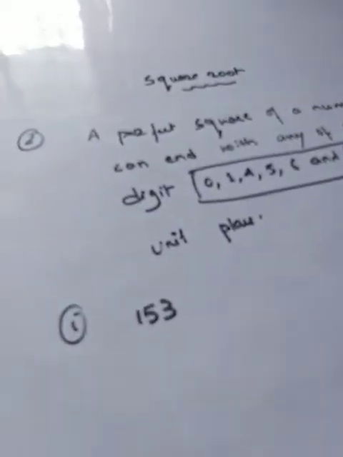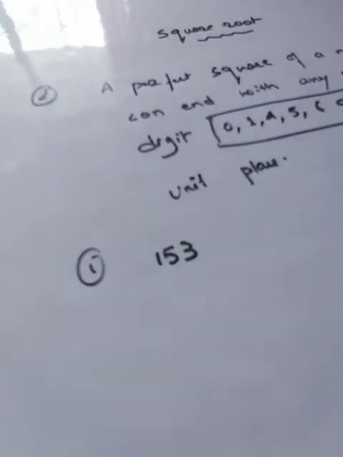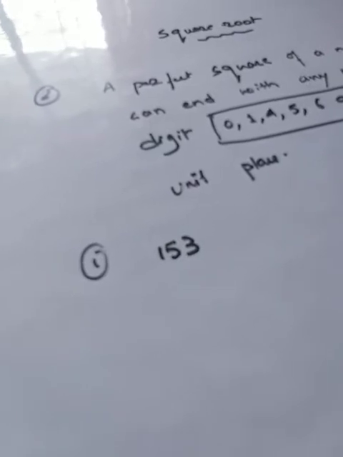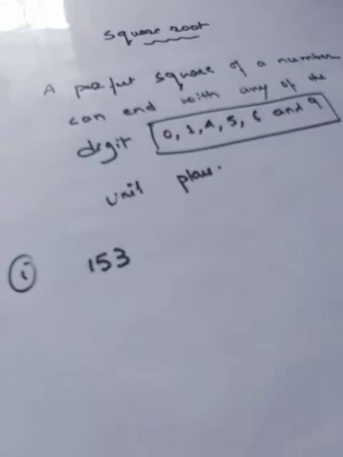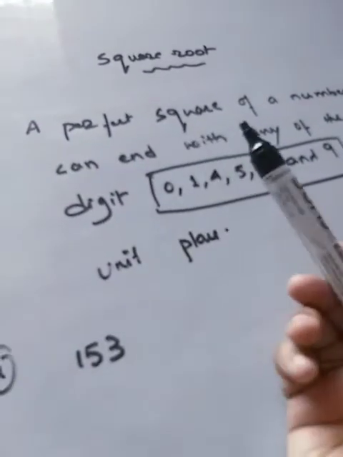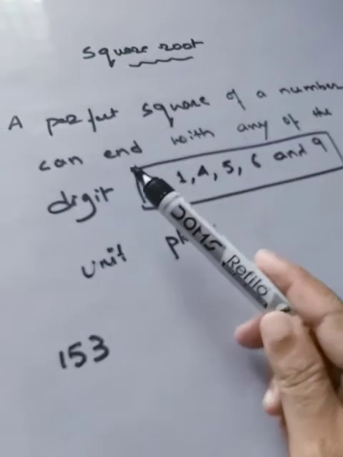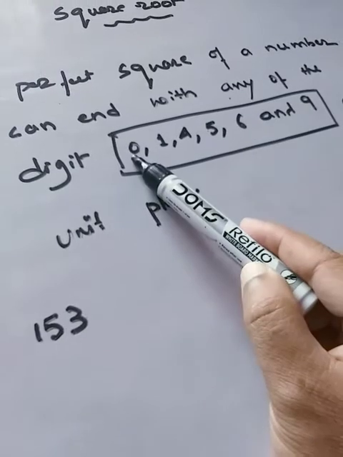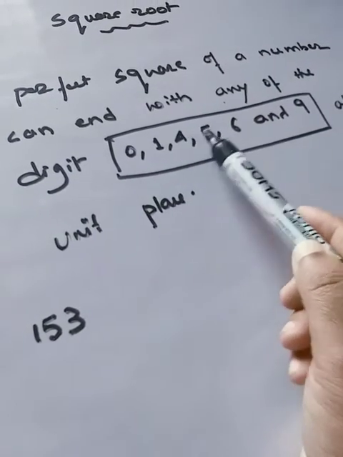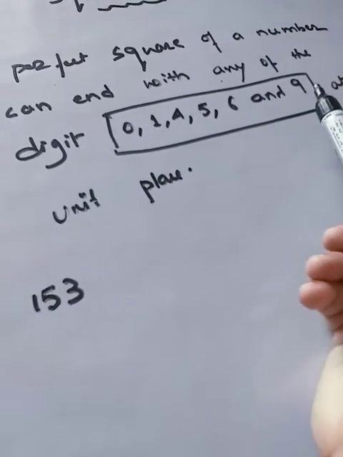Now, question number 2 of exercise 6.3, they are asking, without doing any calculation, find the numbers which are surely not perfect squares. We have to see all those numbers which cannot be a perfect square. As we have learned, a perfect square will always end with either 0, 1, 4, 5, 6 or 9.